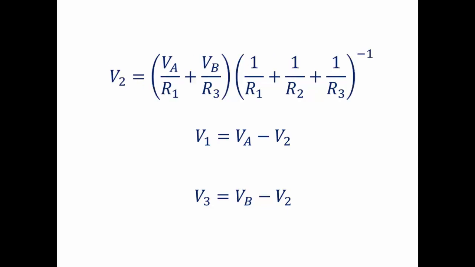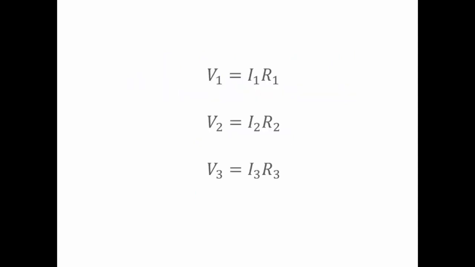So here's the equation solved for V2. So you see, knowing VA, VB, and the 3 resistances, I can find V2, right? And then knowing the second 2 equations, I can find V1 and V3 from V2. And then, of course, using Ohm's law, I can find the 3 currents, because Ohm's law holds independently for each of the resistances.